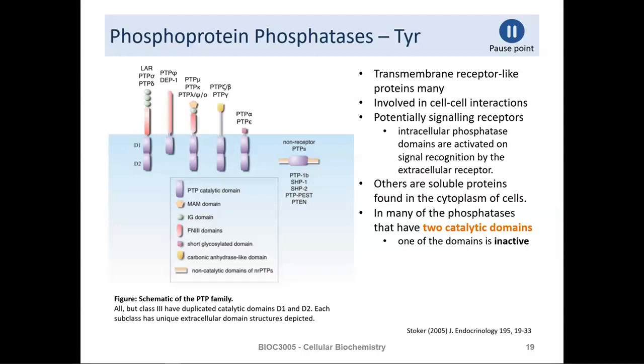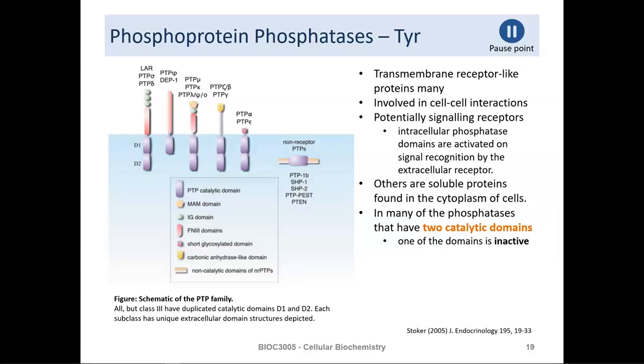These receptors have their intracellular phosphatase domains activated on receiving and recognizing a signal by their extracellular receptor component. There are other tyrosine phosphatases that are soluble proteins found in the cytoplasm.